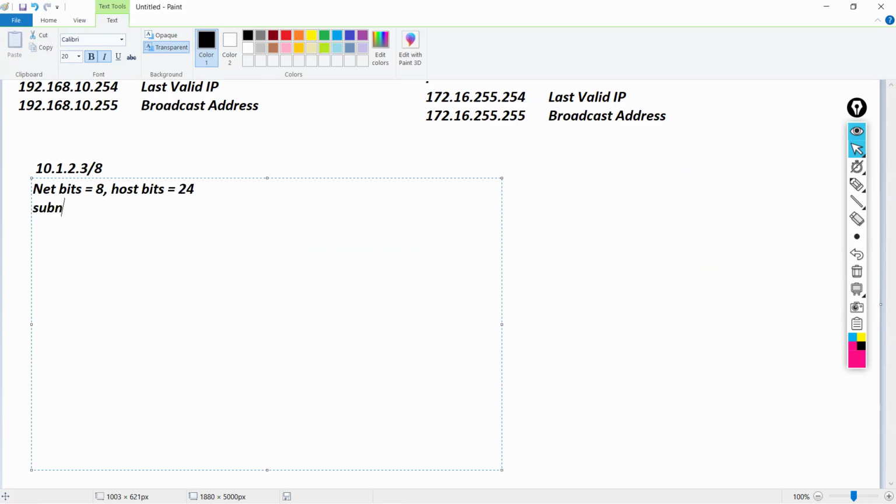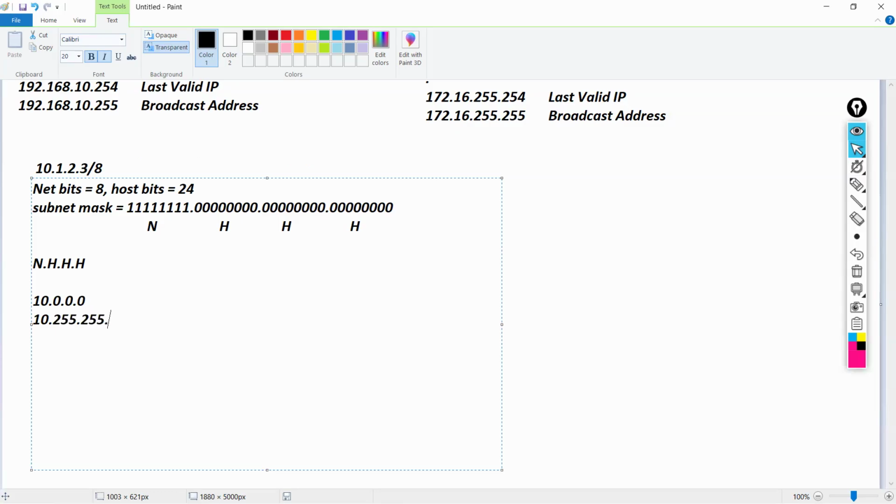That means in the subnet mask 8 ones and 24 zeros. Now from here we can see network, host, host, host. So that means this I have to keep constant and host part 0. This I have to keep constant and host part maximum.